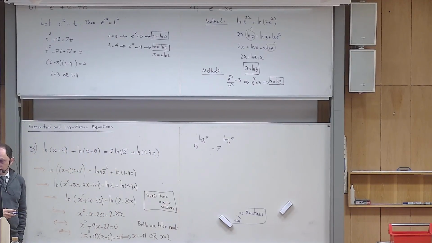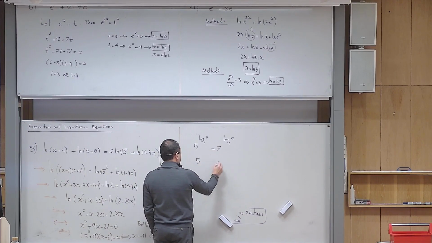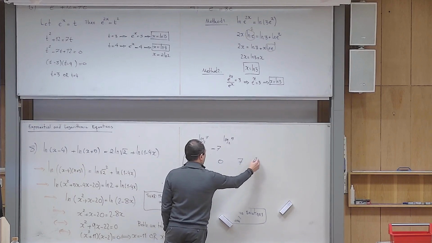There are 4 answers. It's a multiple choice question. A calculator is not allowed. The answers are 5, 0, 7, 2.